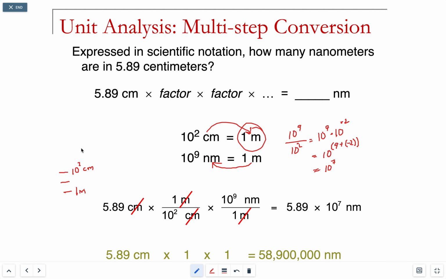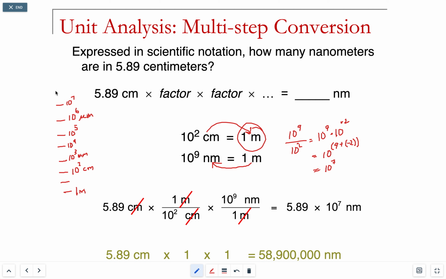If we want to find out where nanometers is on the scale, let's keep going. This would be 10 to the 3rd millimeters. This is 10 to the 4th, 10 to the 5th, 10 to the 6th. This would be micrometers.